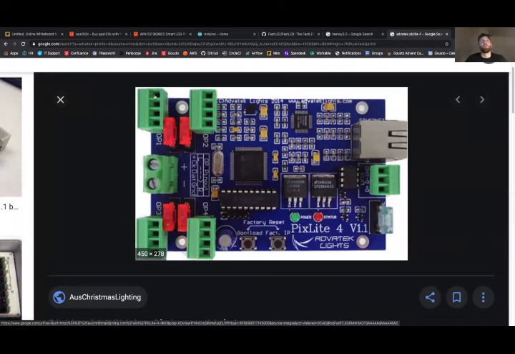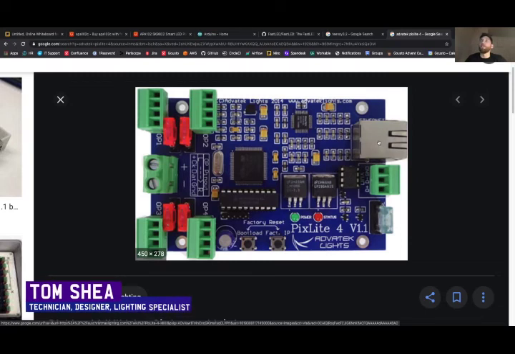So these 4 terminals here will correspond to your positive wire, your negative wire, your data wire, and your clock wire if one exists. You can pipe some really beefy power into this, so lots of current and a range of voltages to support different LEDs and different quantities of LEDs.